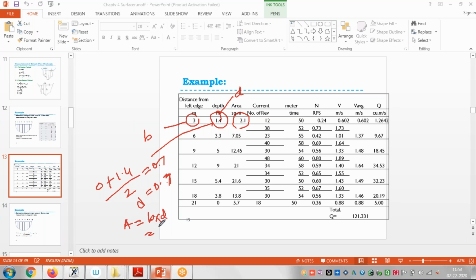So we multiply this b, that is 3 meter, by 0.7, so we get 2.1 meter square, and this 2.1 is this one, right? Similarly, likewise, we can find this one, this one, this one.